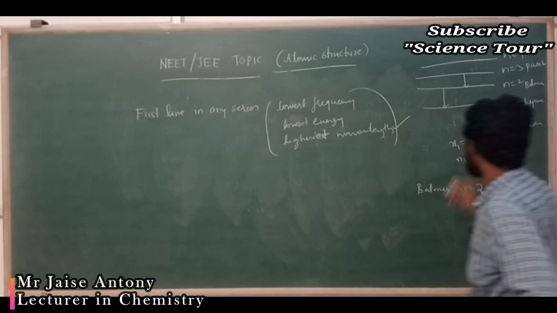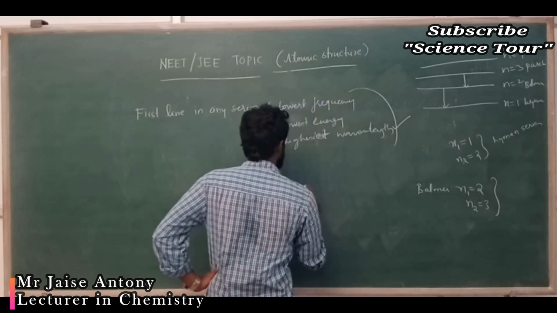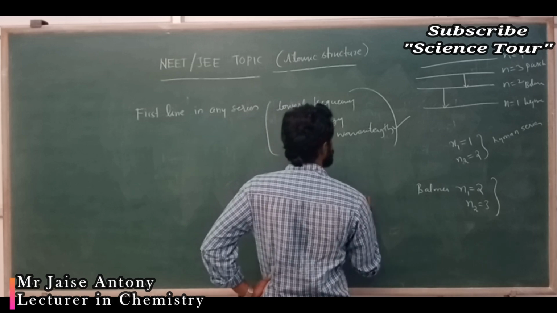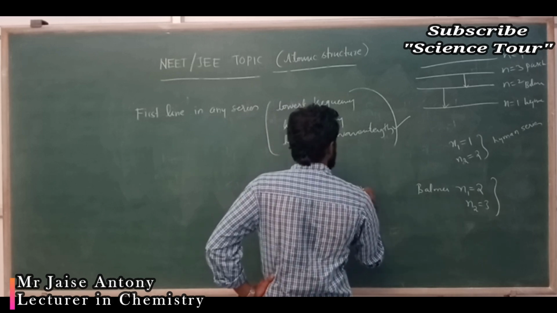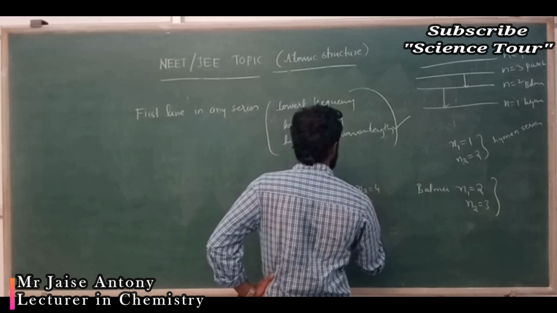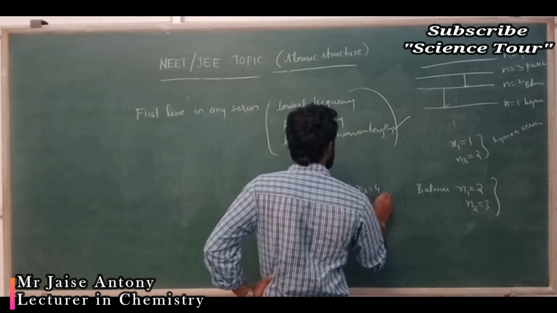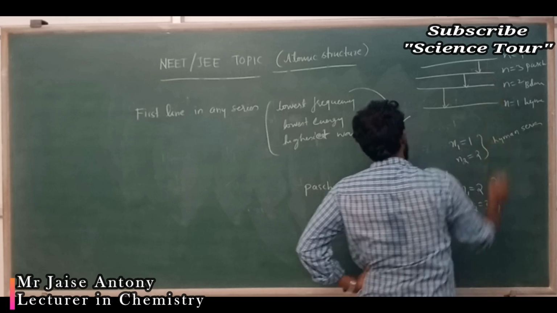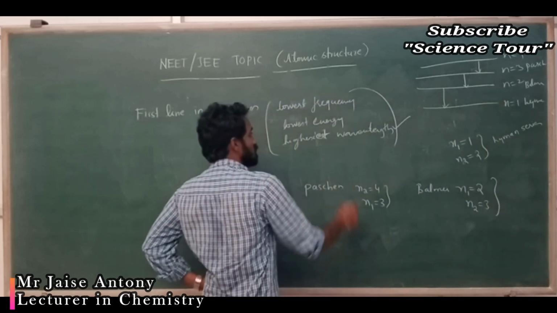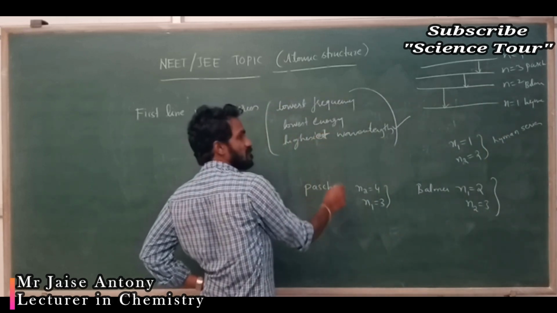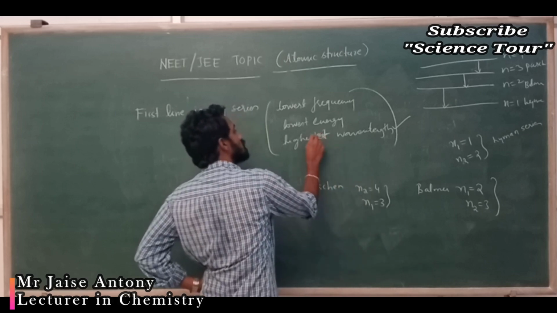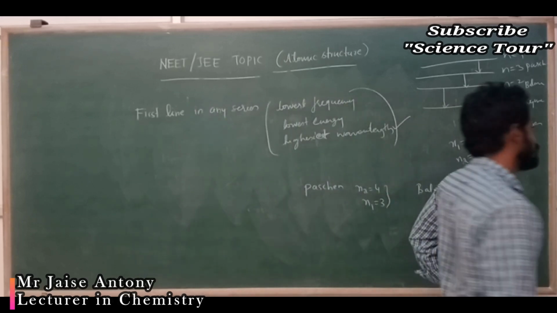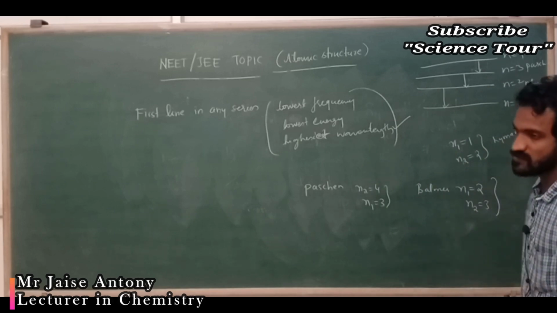For Paschen, my dear students, n2 is equal to 4, n1 is equal to 3. This 4 to 3 jump is the shortest jump, longest wavelength. Remember, shortest jump, longest wavelength, lowest energy, lowest frequency. Remember this point, my dear students.